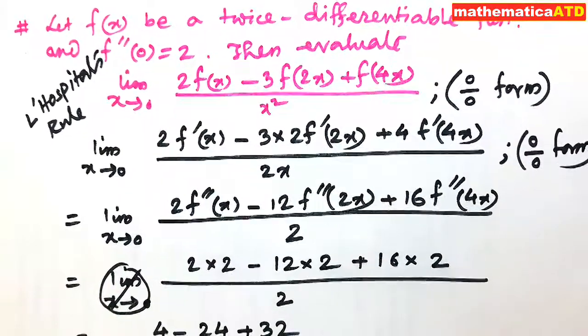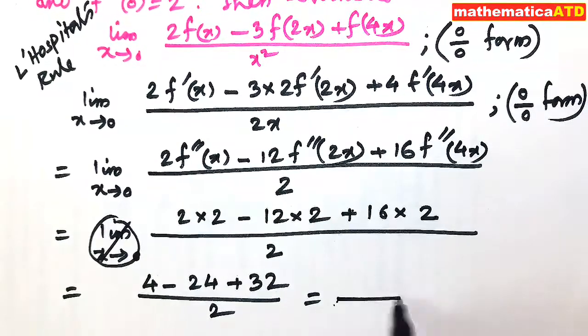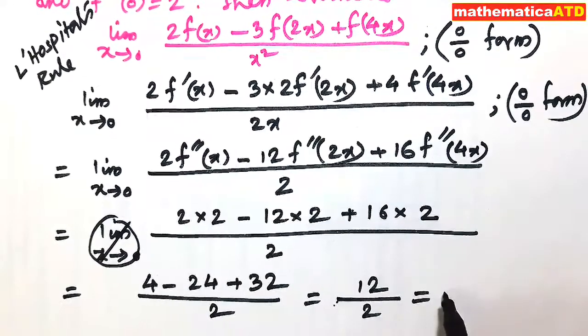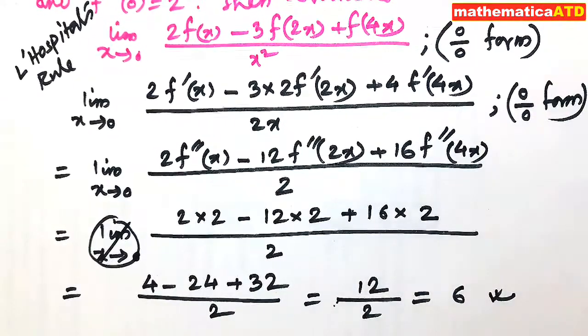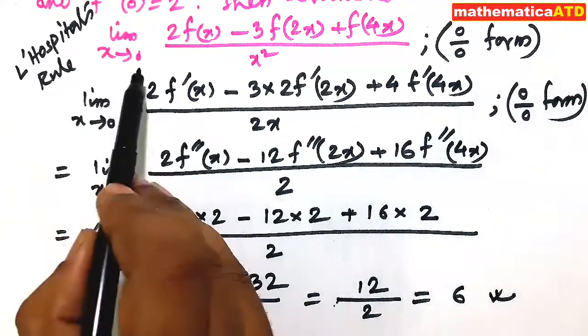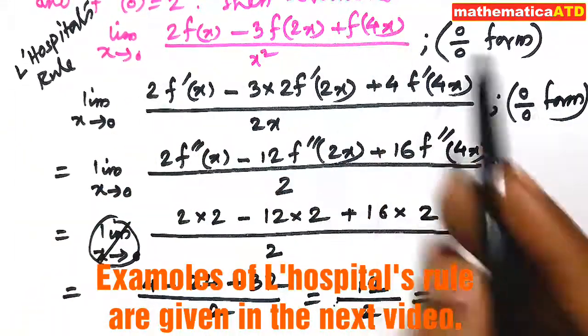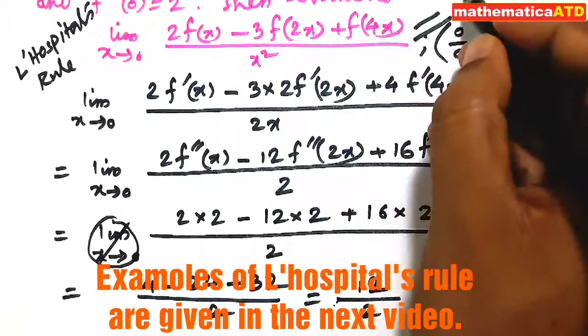This is equal to 32 plus 4, 36. 36 minus 24 means 12, divided by 2 is equal to 6. So using L'Hospital's rule, we found the limit as x tends to 0 of this expression is equal to 6.